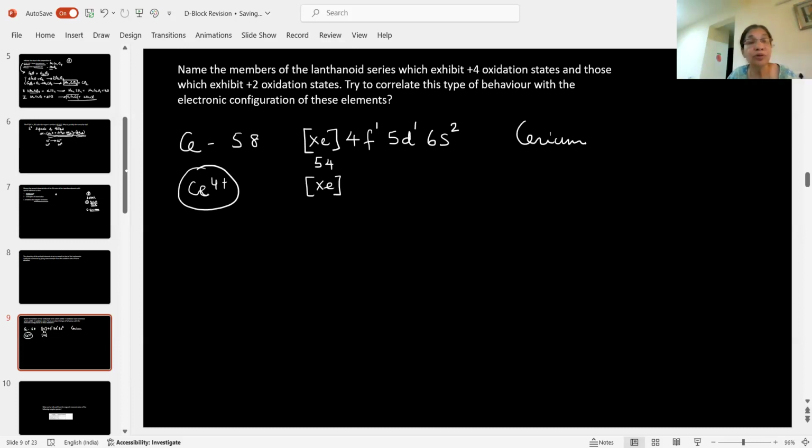promethium, PR. Promethium is PR, and its atomic number is 59. So 59 also has 5. How will it have a +4 oxidation state? Just 1 minute, I'll have to see in the book.